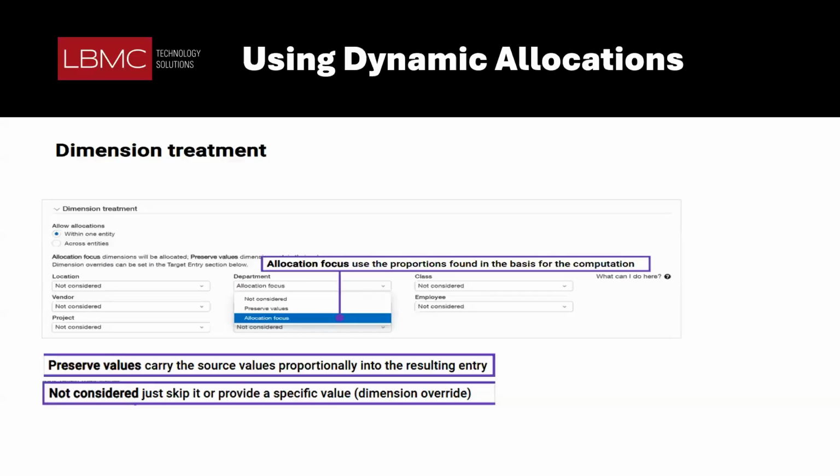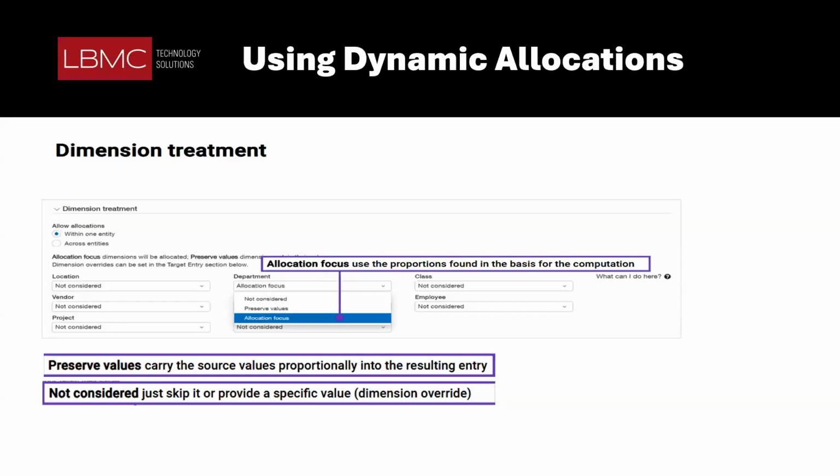Do know that the more dimensions that you use within the system, the more detail you can get within your allocation, but you must also make sure that when you're bringing over any transactions, these dimensions also must be identified so you're bringing over the complete amounts that you need within your allocations.